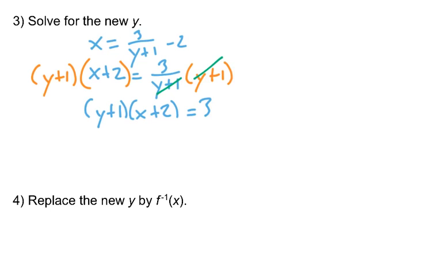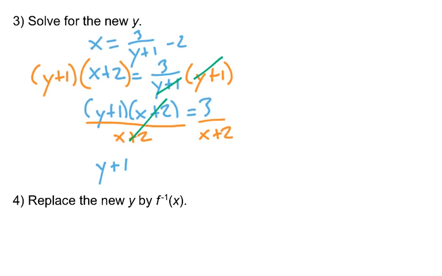And now we want to think about how we would get the y by itself. Well, we could do almost the reverse of what we just did. The y would be more by itself if this x plus 2 were not in the way. So what if we divided both sides by x plus 2, which again is legal, and then my equation would look like y plus 1 equals 3 over x plus 2.